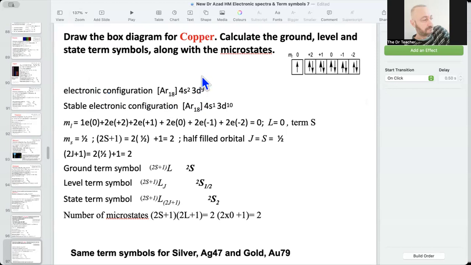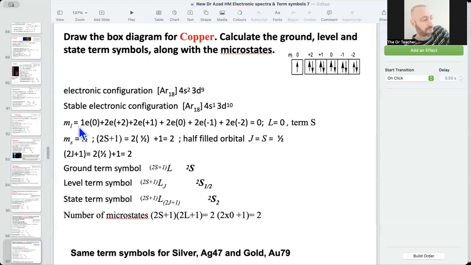But we know copper is very stable because the d orbital is filled with electrons and there is one electron left in the s. Now, because the 4s1 is involved, you count all of them, including the one in the s.